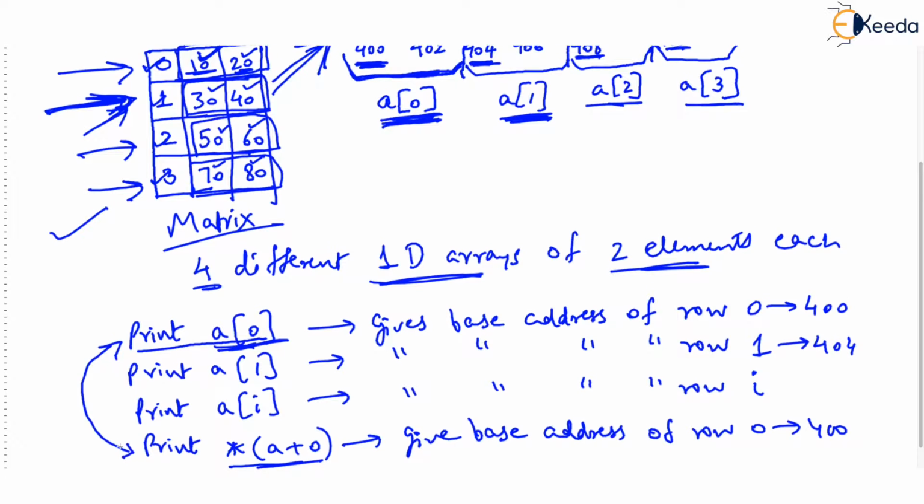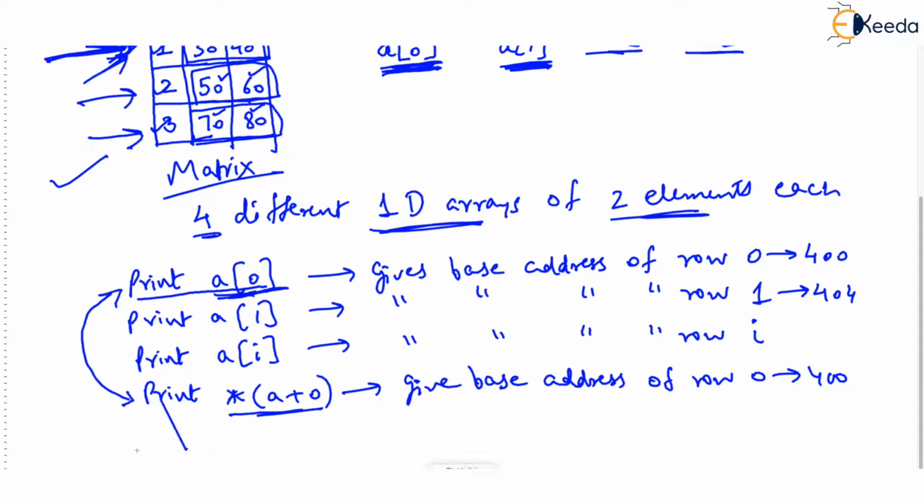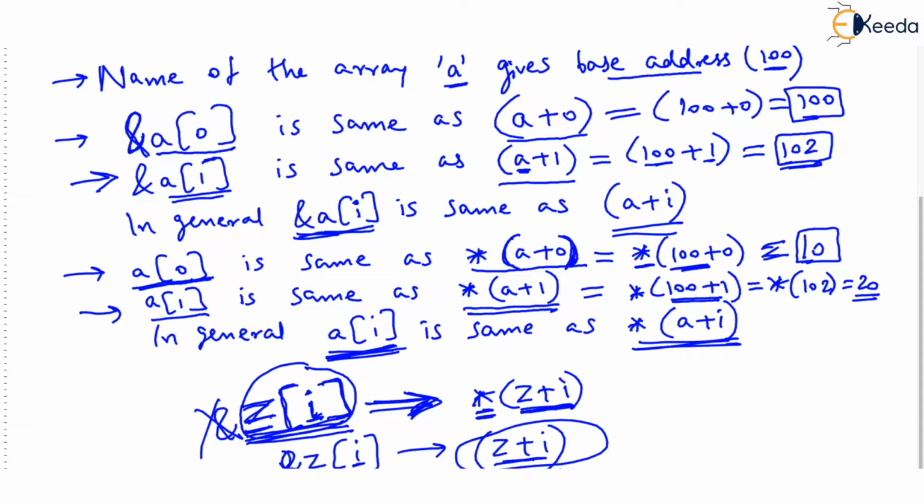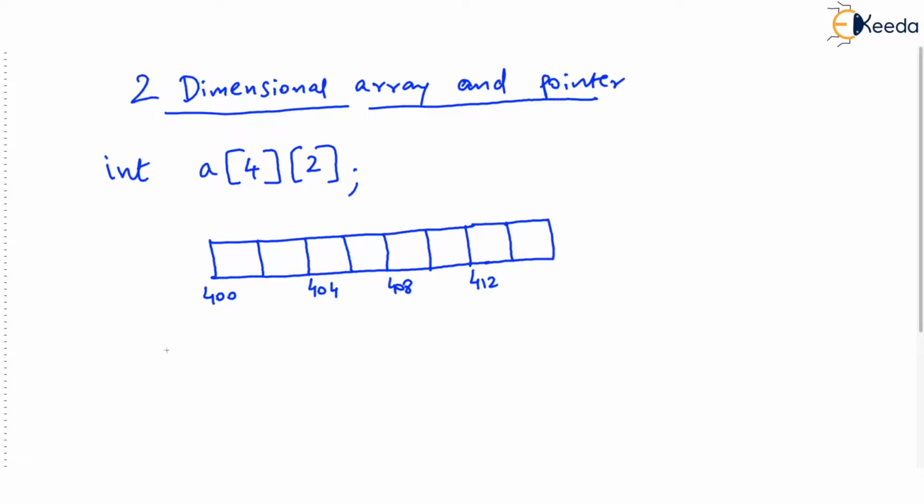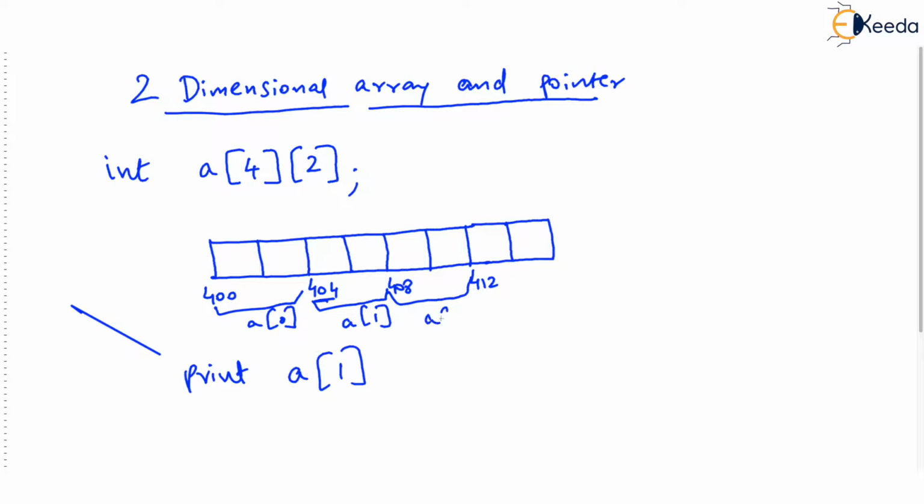Okay. So what will happen if I write print for my 2D array? If I write print A1, you know this will be 404, because you know by now that this is called A0, this is A1, this much portion is A2, and finally this is the last row, that means A3, and these names give the base address.